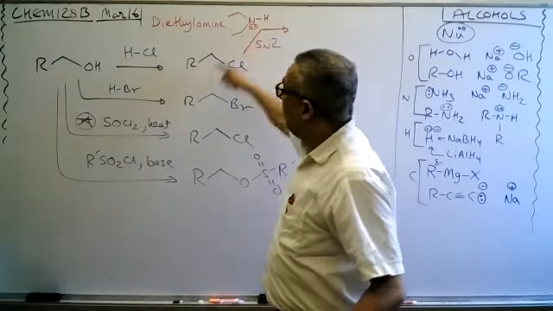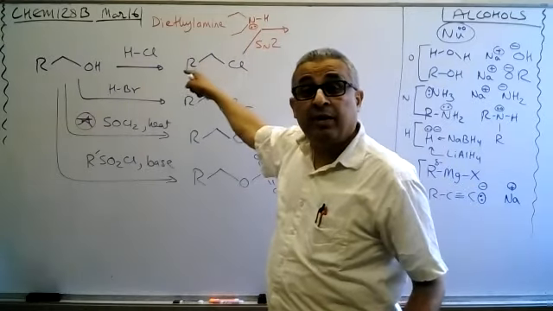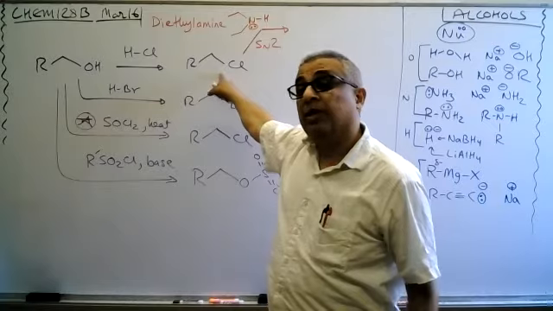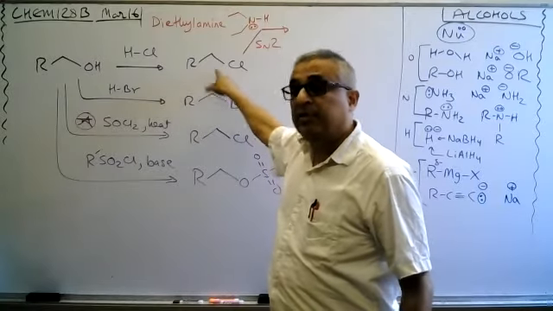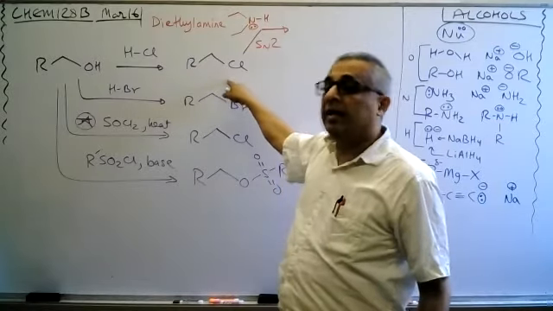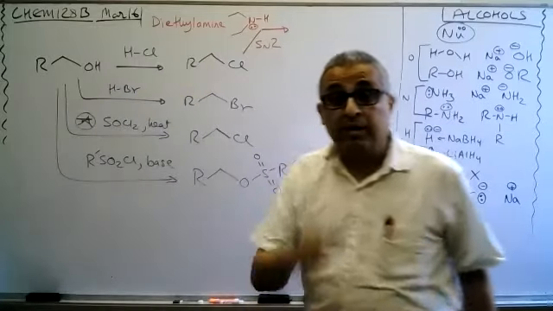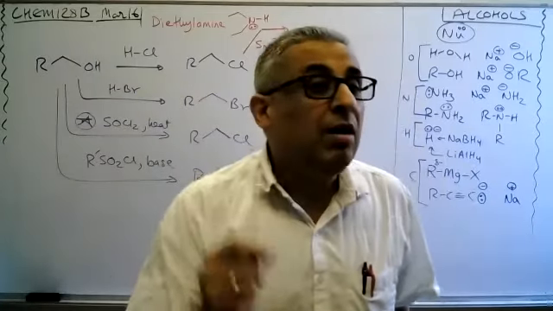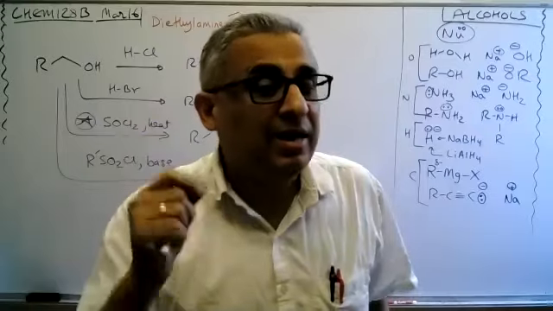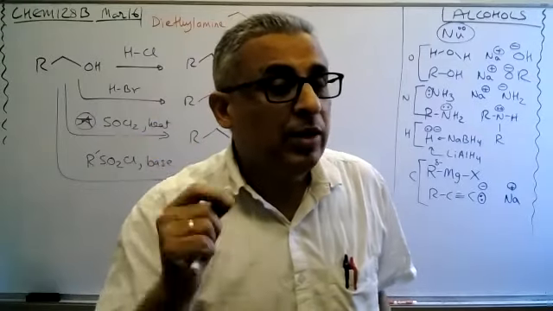Bimolecular means they will react at the same time. That means this is not going to produce a carbocation. If it produces a carbocation, it's going to be a sucky carbocation, a primary carbocation. So you should say, because it's a primary alkyl halide, it will undergo SN2.